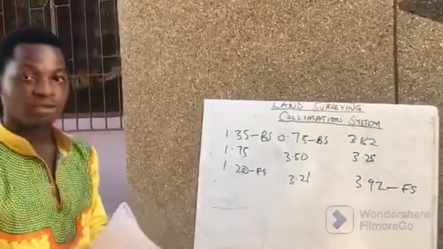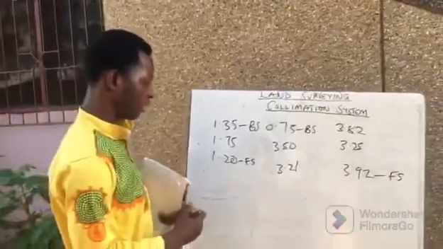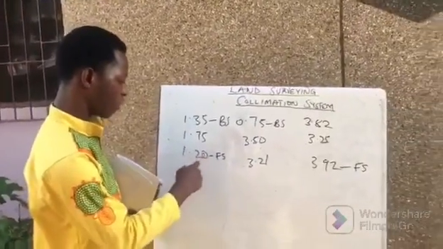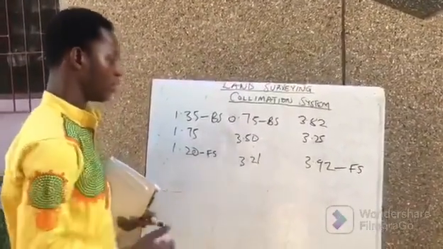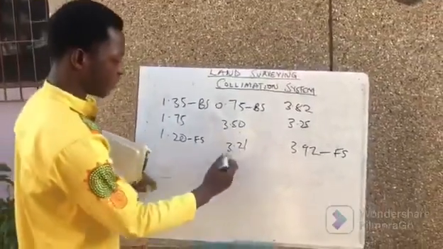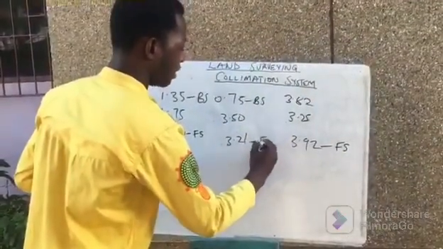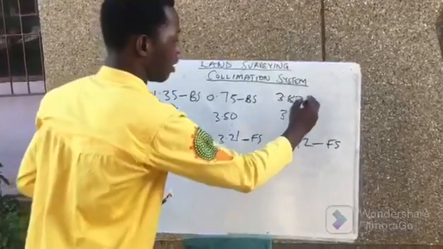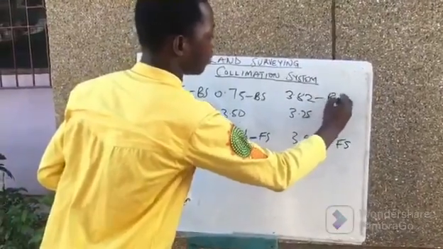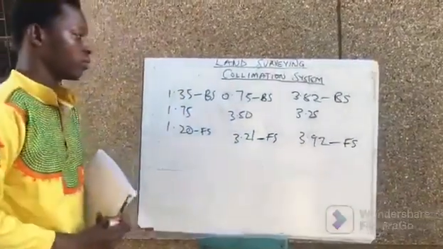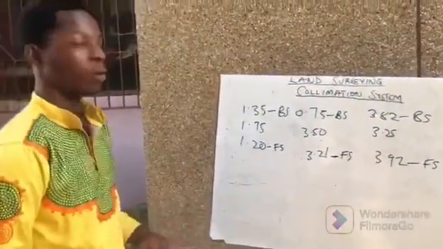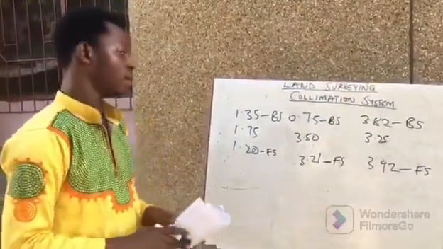The instrument was changed after the third and sixth readings, so the last one is the sixth. So you have a foresight here and a backside there. After this, your work becomes easier.